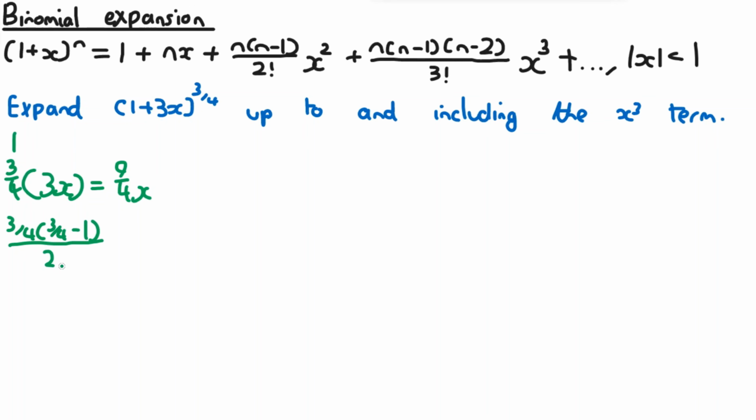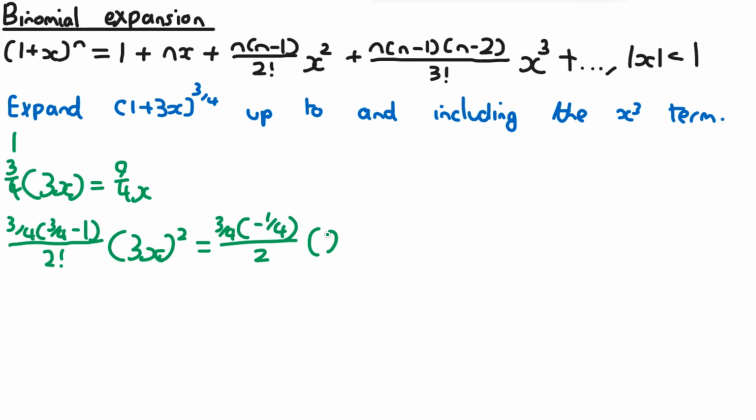The third term is going to be 3 over 4, then 3 over 4 minus 1, over 2 factorial, and then we sub in 3x as x, so it's going to be 3x squared. Remember to include the 3 in the squared bracket as well, because it's 3x squared. The 3 is included. We can simplify this to 3 over 4 times minus 1 over 4 over 2 factorial, which is just 2.